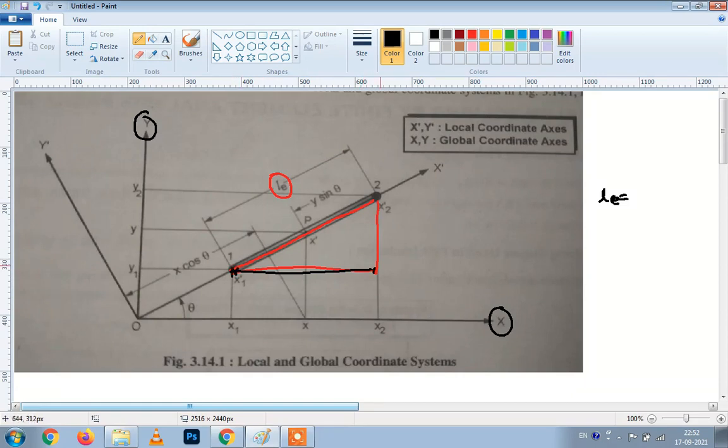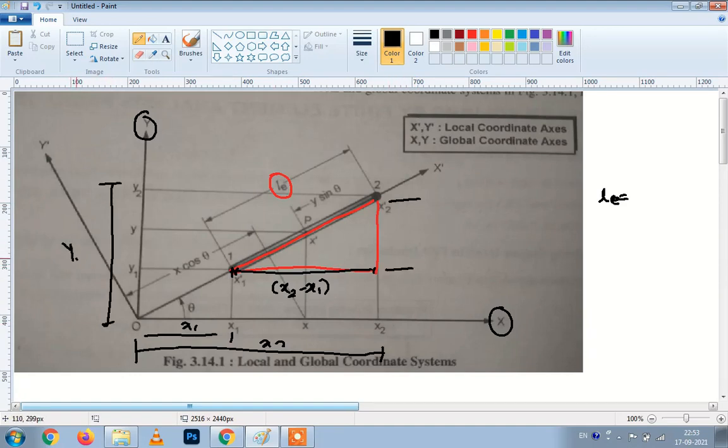So how can I find this particular distance? This distance is x2 and this distance is x1, so we can find this side as x2 minus x1. Similarly, for this side, this distance is y2 and this distance is y1, so this particular distance will be y2 minus y1.